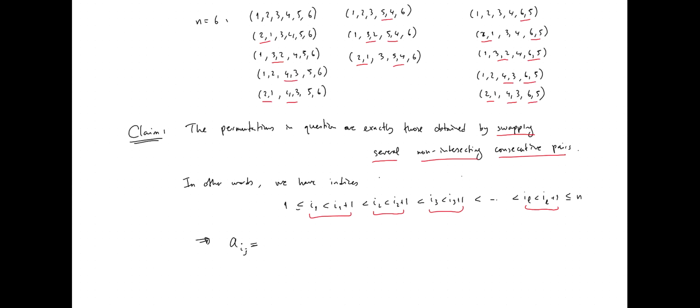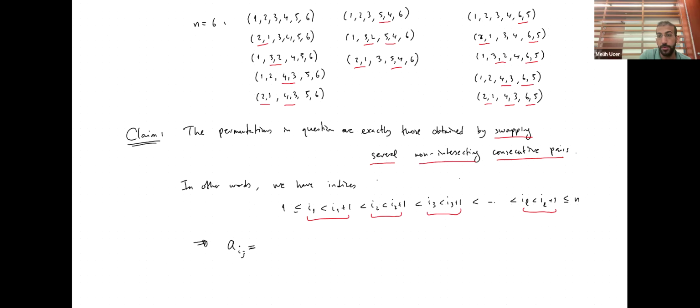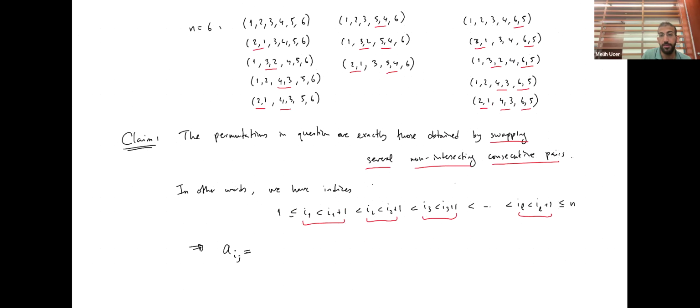In this case, 3, 2, 5, 6, for example, are the things. And for the other indices that are not in this list, AK equals K.